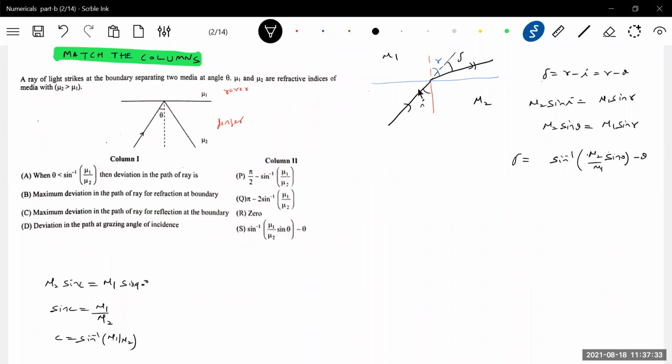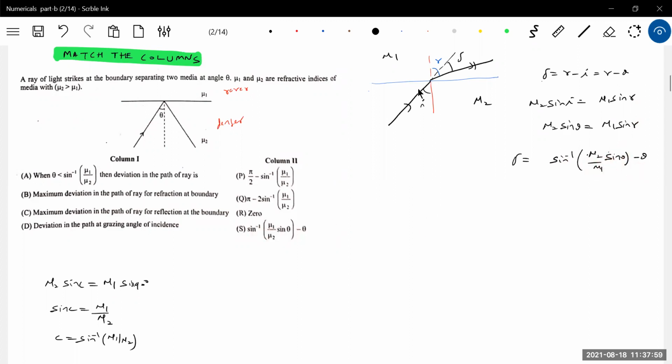Mu2 sine theta should be equal to mu1 sine R. This I is the theta we took, we should replace it, no? Yeah, some correction is there. Okay, there is a deviation.